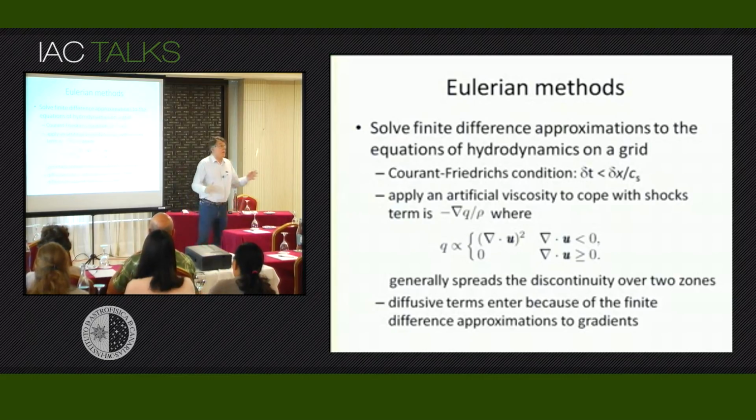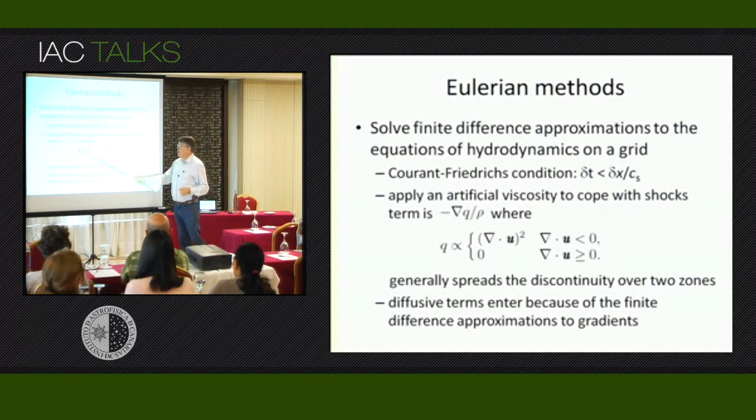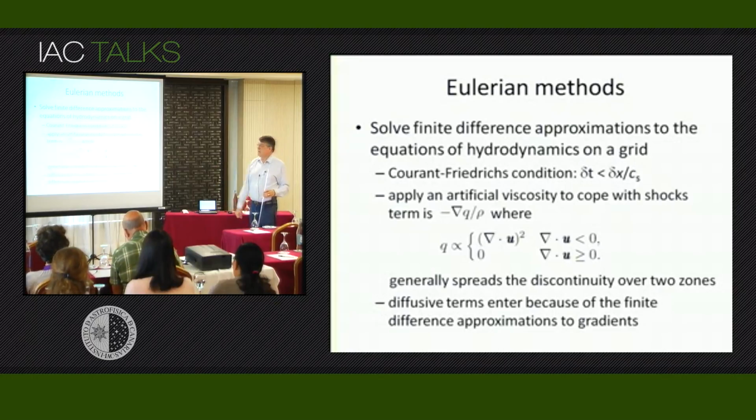And you look at the divergence of the velocity field, and where the velocity field is converging, so that the divergence is negative, then you take the square of that thing, call that q, and then the gradient of this q is the thing that you apply. So you add this extra term to your equations of motion. You'd only do that when the fluid is converging. If it's diverging, there's no artificial viscosity. So you want to make sure that you know what's generally happening.